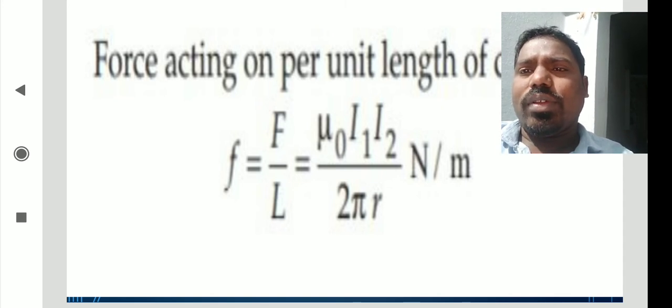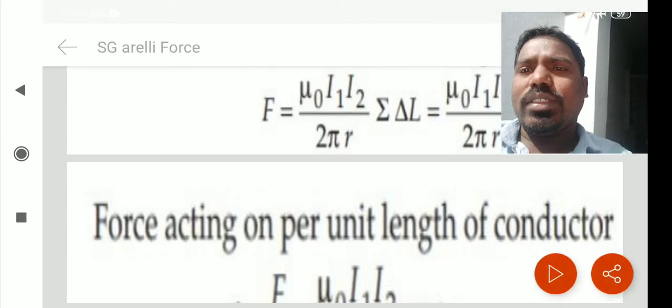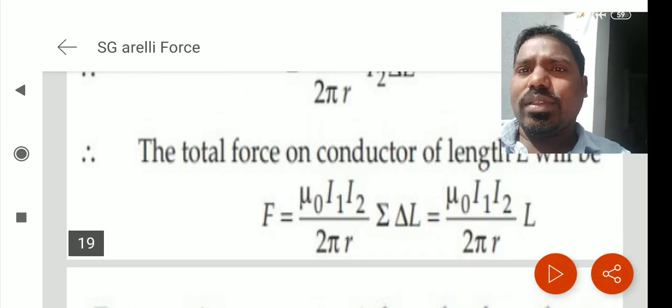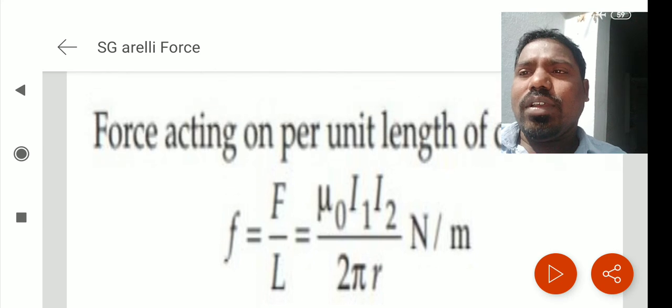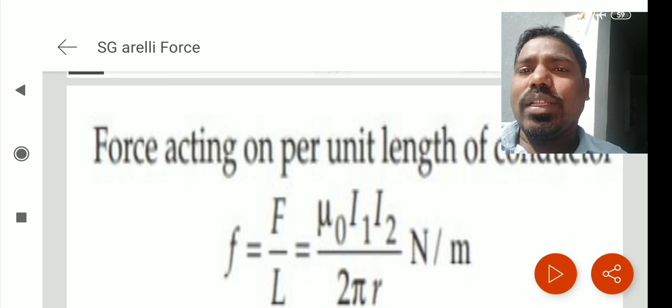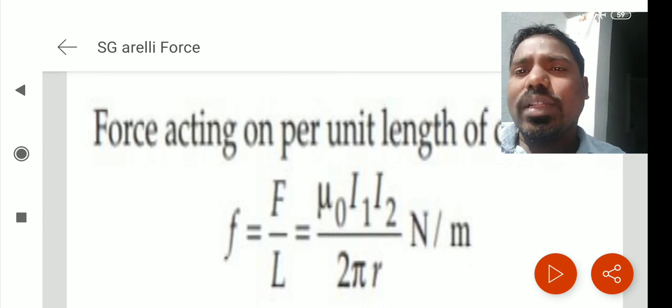This is the force between two conductors, acting per unit length.